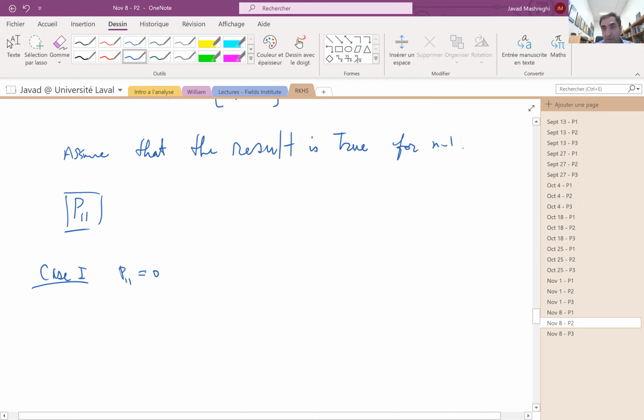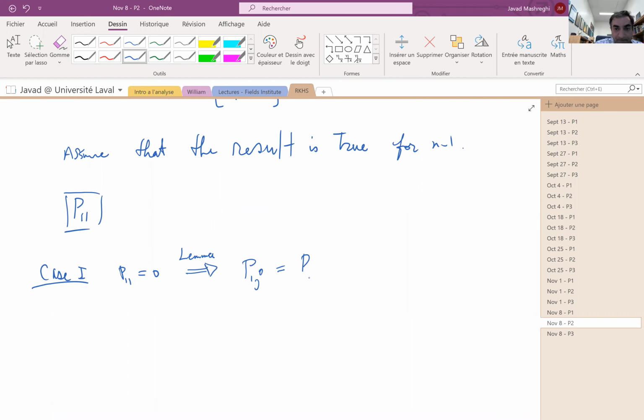Then by the lemma we had at the very beginning, the first column and the first row are both identically equal to 0. P1j is equal to Pi1, which is equal to 0 for all i and j.